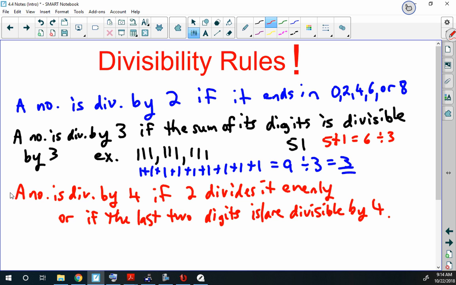Let's look at a weird number, something like 190,576. And let's think about the number 76. Is 76 divisible by 4? Isn't that what, 8? Is it 19? So let's try this.